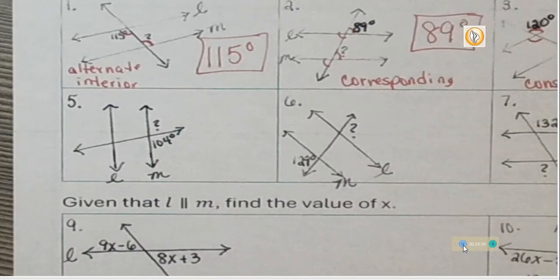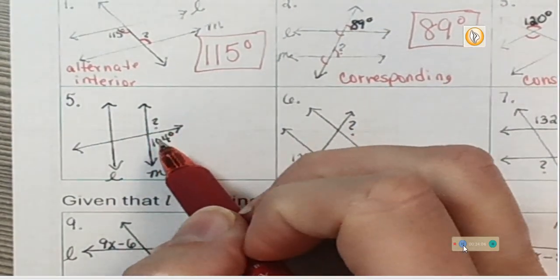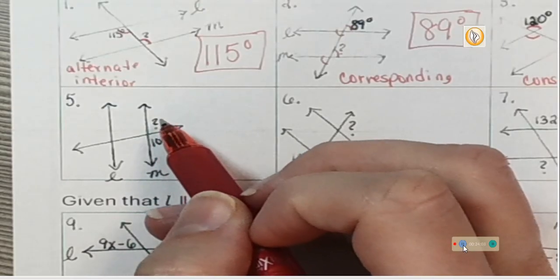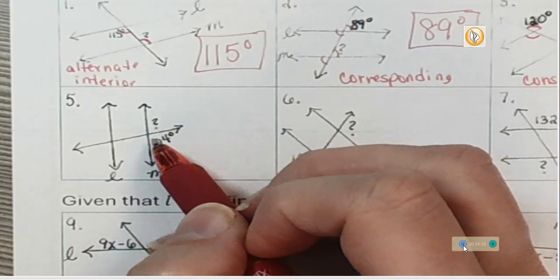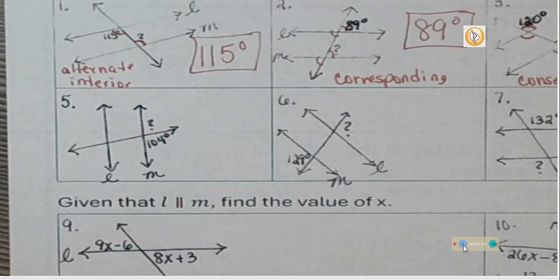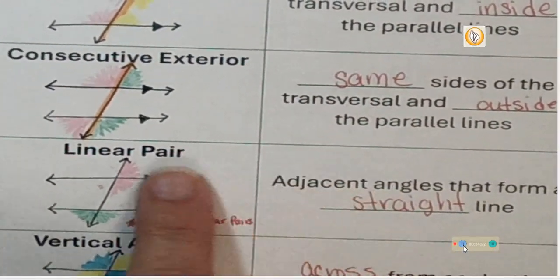All right, so let's look at 5. Number 5, here's my two angles. What do you notice about those two angles? They are adjacent, so they're sitting side by side. Two adjacent angles sitting side by side make a what? Straight line. So what do we call it when we have adjacent angles that form a straight line? A linear pair.